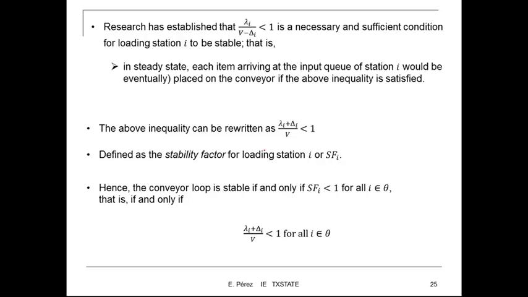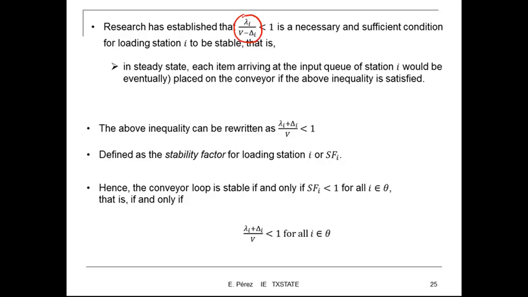Okay, so based on the research performed for this type of problem, we can establish the following relationship in which we have, for this ratio, lambda i divided by the velocity minus the delta i value. If that ratio is less than 1, this is a necessary and sufficient condition for loading station i to be stable.